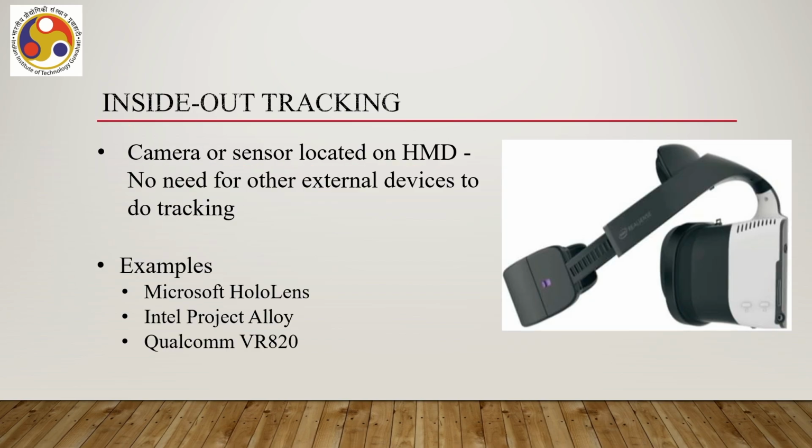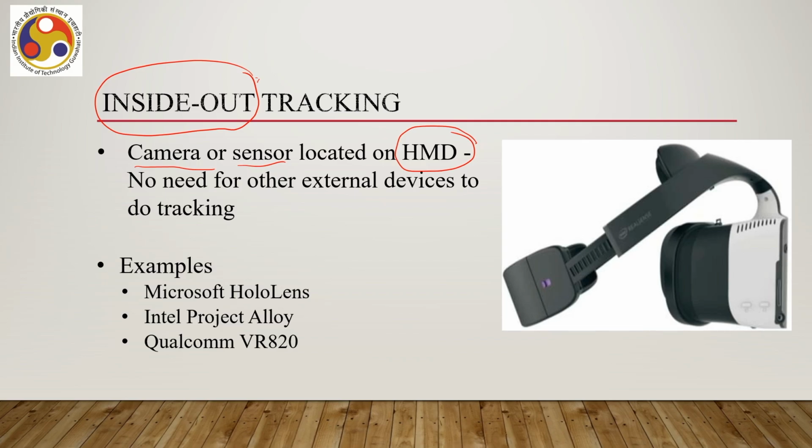Then we can have inside out tracking. So, in this case, the camera or other sensors that are required for tracking are located within the device itself, that is the HMD in case of VR, which is more common.